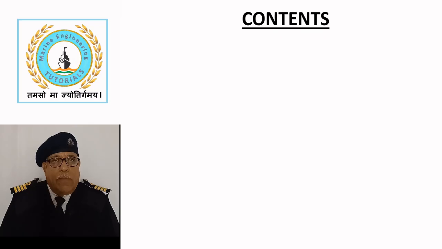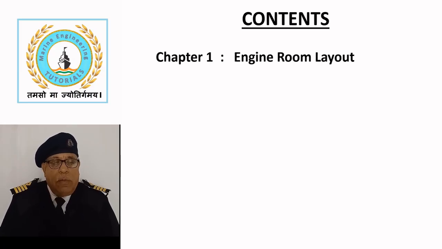Contents. The book consists of following 8 chapters. Chapter 1, Engine Room Layout. This chapter first describes the various types of merchant ships, followed by the location of engine room machinery on different platforms, along with a brief explanation of their purposes.